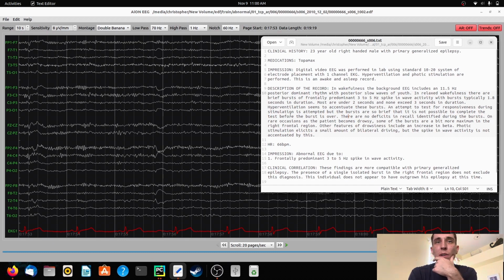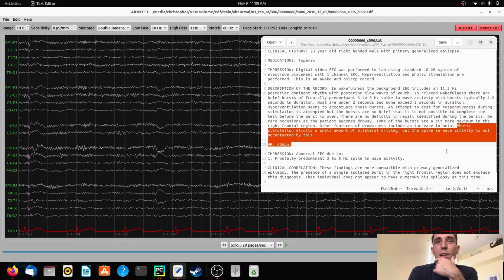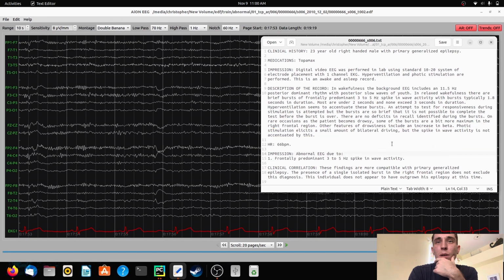And it says on rare occasions, patient becomes drowsy, bursts a little bit more maximum in the right frontal region. And I didn't really see the photic stimulation part. Maybe they did that on a different part, but it also notes that the spike and wave activity is not accentuated by the flashing light.